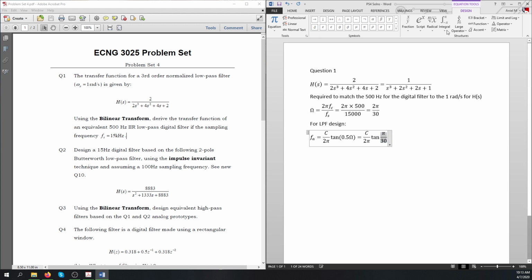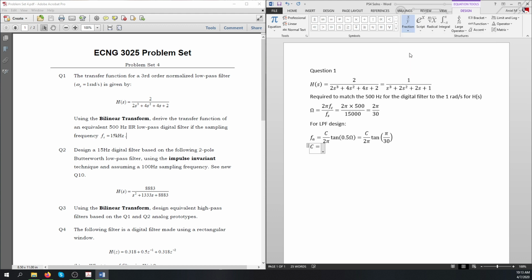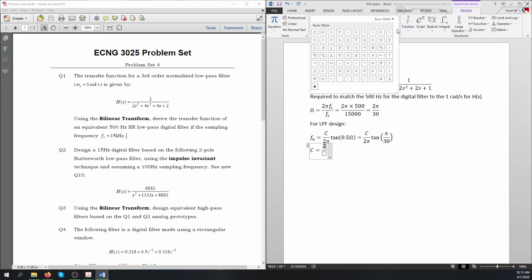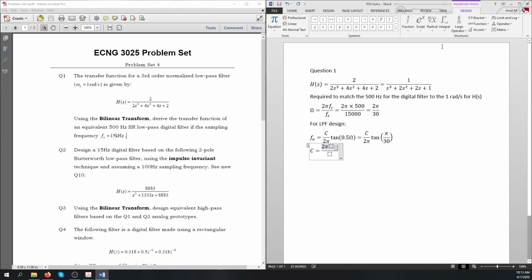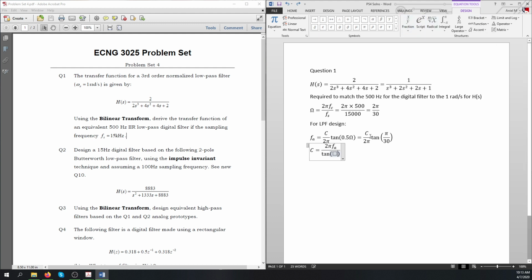Put this in proper brackets. And then we can rearrange the equation to make C the subject of the formula. So C here will be equal to 2 pi FA divided by tan of pi divided by 30.